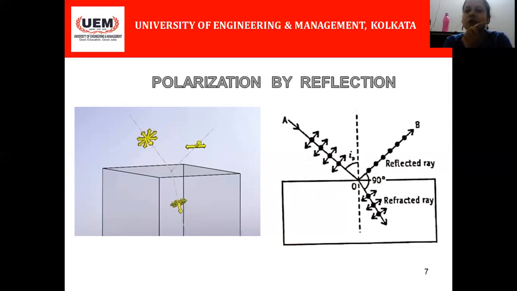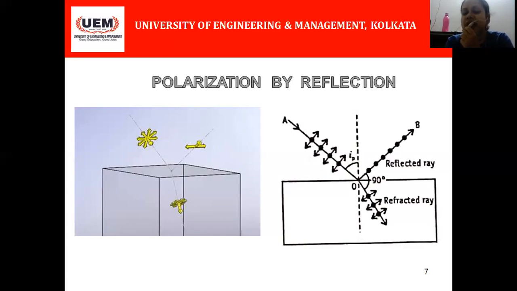So we are partially cutting off from the refracted ray all or most of the light that is having vibration which is perpendicular to the computer screen. That is being cut off.